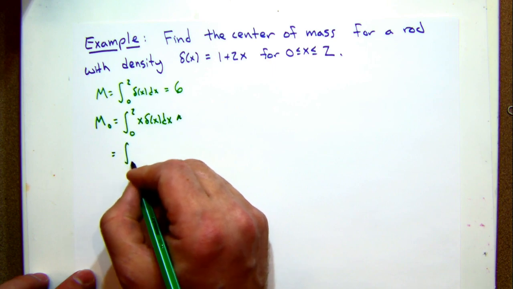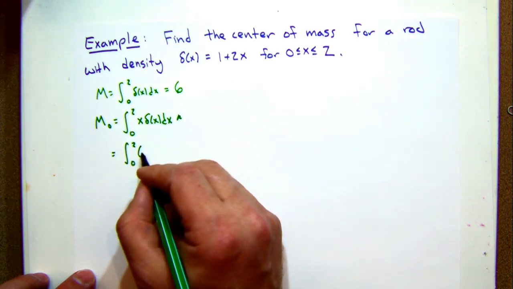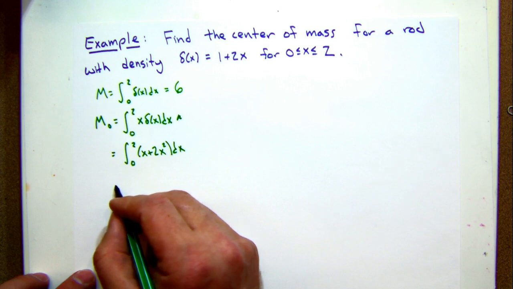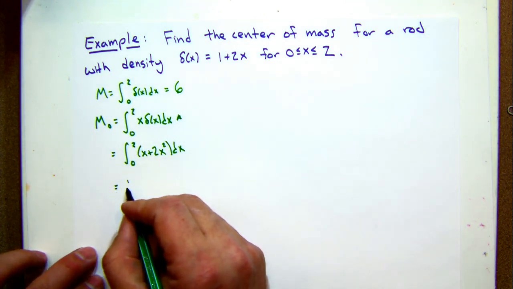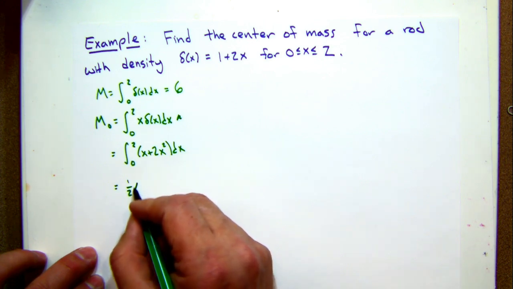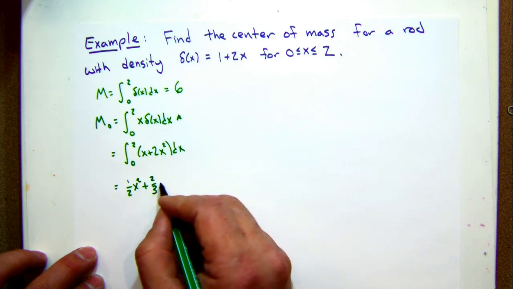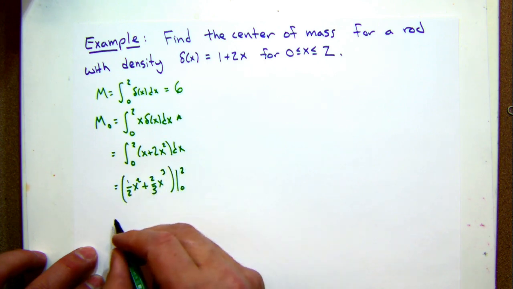Okay, well, let's do the computation here. So that's the integral 0 to 2 of, I know delta x is 1 plus 2x, so if I multiply this out, I get x plus 2x squared dx. Okay, this one's a little bit harder. What's the integral of x plus 2x squared? 1/2 x squared plus 2/3 x cubed.